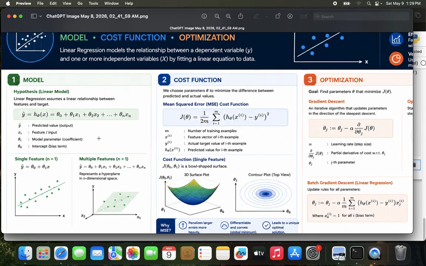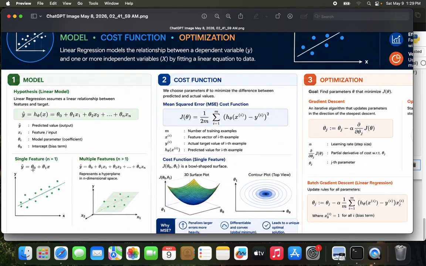If we had a single input, we could have a simple linear regression with this equation: y hat equals theta 0 plus theta 1 multiplied by x. This equation is similar to the equation of a straight line graph. y hat is the predicted value, which is the output. Theta 0 is our bias or intercept on the y-axis.